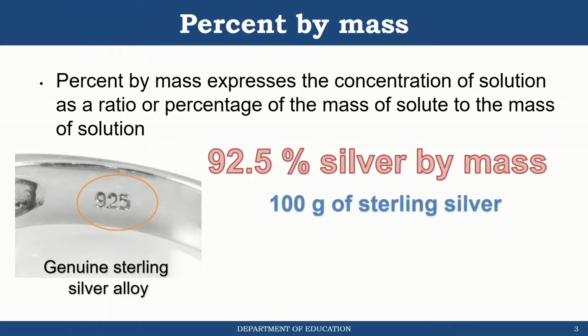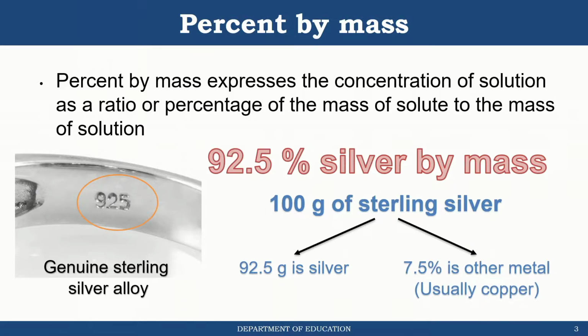This means that for every 100 grams of sterling silver, 92.5 grams is silver. The other 7.5% is another metal, usually copper, added to the silver to improve the physical characteristics of the alloy.